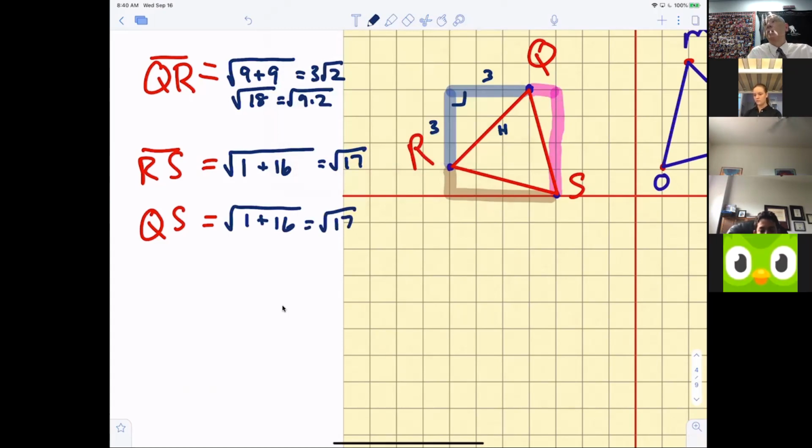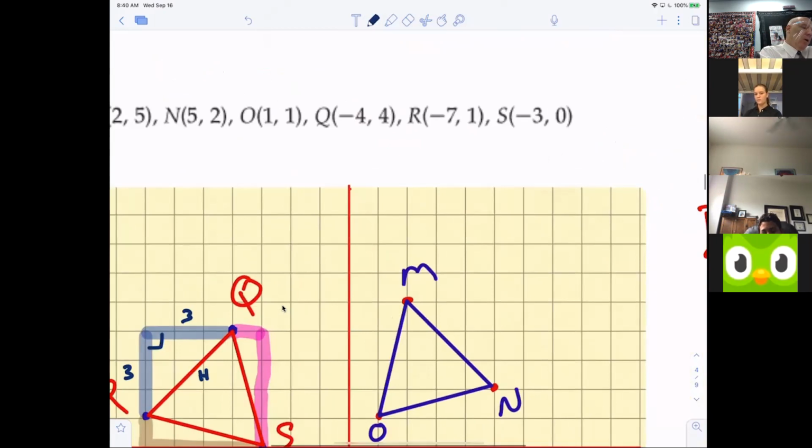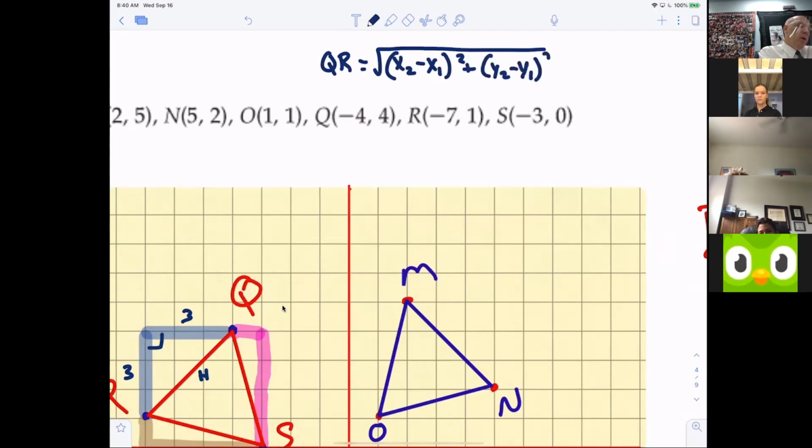Everybody agree? All right, now just to prove something to you, I'm going to go back up to QR and find QR. Here's what all your other math teachers are going to make you do. QR is equal to the square root of x2 minus x1 squared plus y2 minus y1 squared.